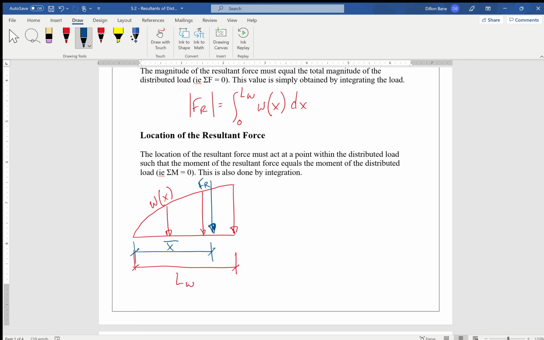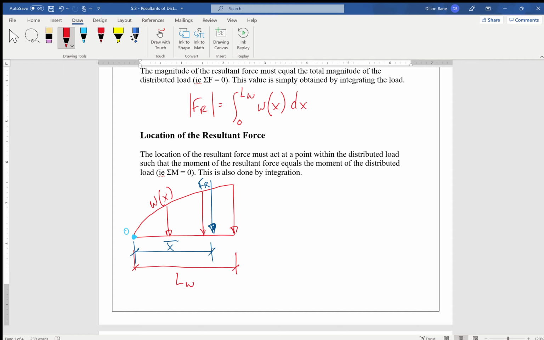So what we're going to do is take moments about a different point. We'll call this point O. All we've got to do is take moments of the functional load about the point and then make those equal together. Let's start off with the resultant force, which is pretty easy.